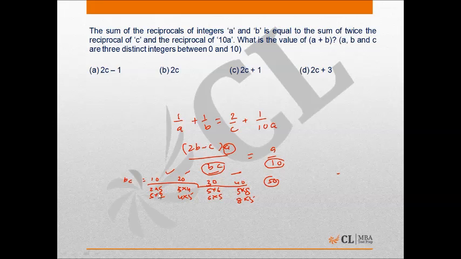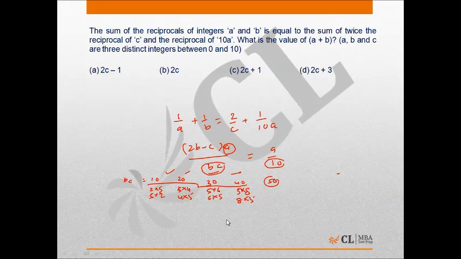Now we need to find the value of a with the help of these possible values of bc. Let's check whether we get an integral value of a for bc being 10. There are two possible cases. In the first one, b can be 5 and c 2. In the second case, b 2 and c 5, which is not possible because in that case 2bc minus c would be a negative quantity.